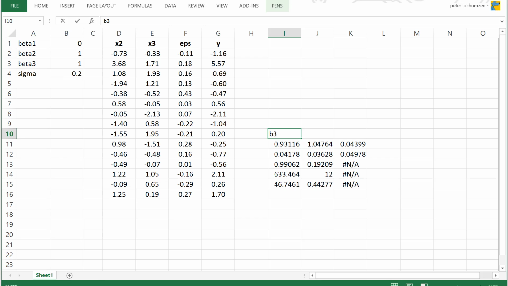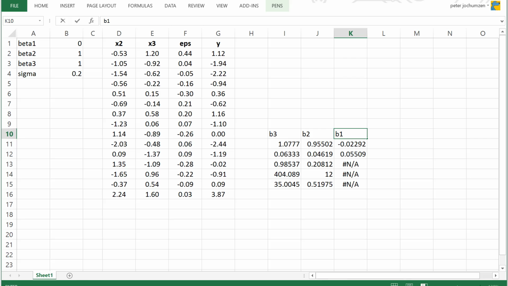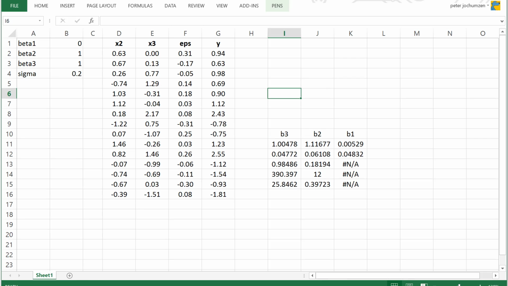Remember the reverse order. This is my B3, B2, and B1. I have done the simulations now completely according to the Gauss-Markov assumptions. So this will be an unbiased estimator of that, and this will be an unbiased estimator of that, and this will be an unbiased estimator of the zero.